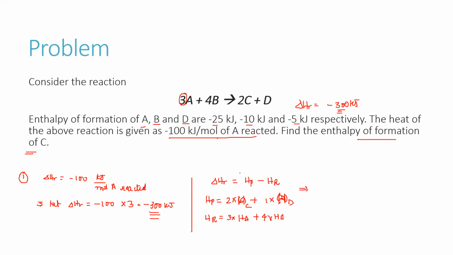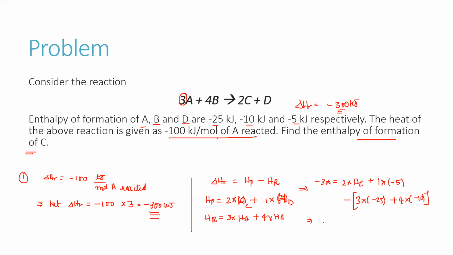So when we put all of these in the equation, we'll get minus 300, which is the enthalpy of the reaction, is equal to 2 into enthalpy of formation of C, which is not known, plus 1 into enthalpy of formation of D, which is minus 5 kilojoules, minus 3 into enthalpy of formation of A, which is minus 25, minus 4 into enthalpy of formation of B. So basically it's in a bracket over here, right?